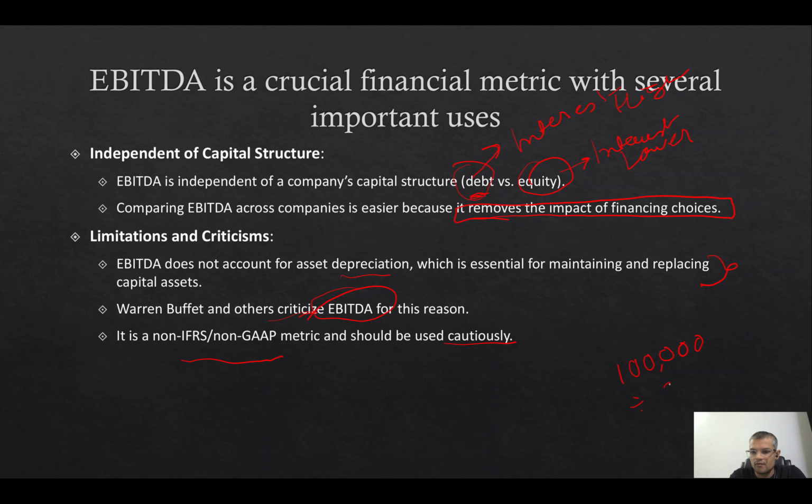If we divide it by 5 years, then every year the depreciation would be 20K, right? 20K is our expense, which is not considered here. So that is one of the limitations of EBITDA.